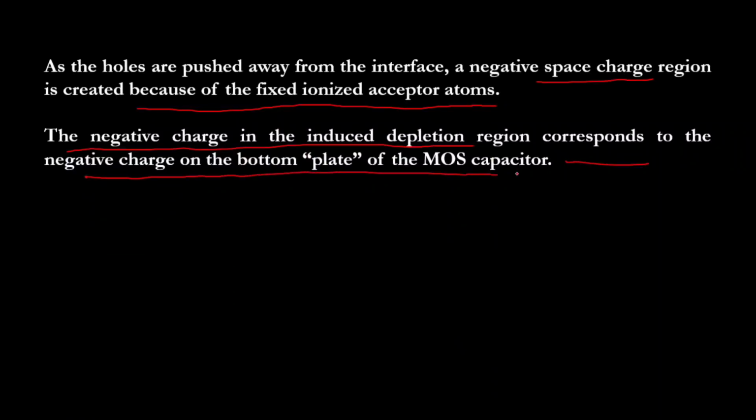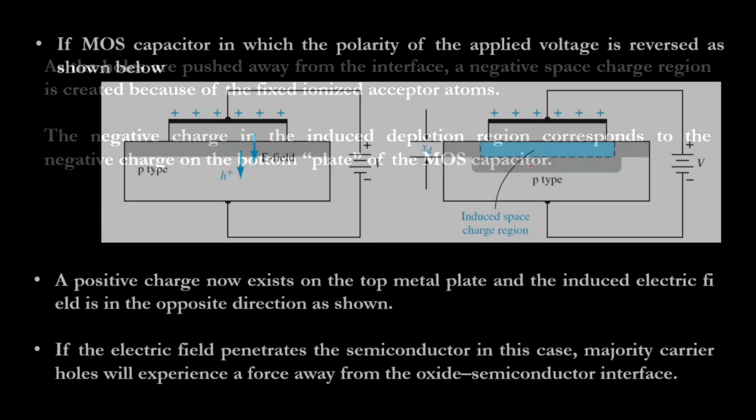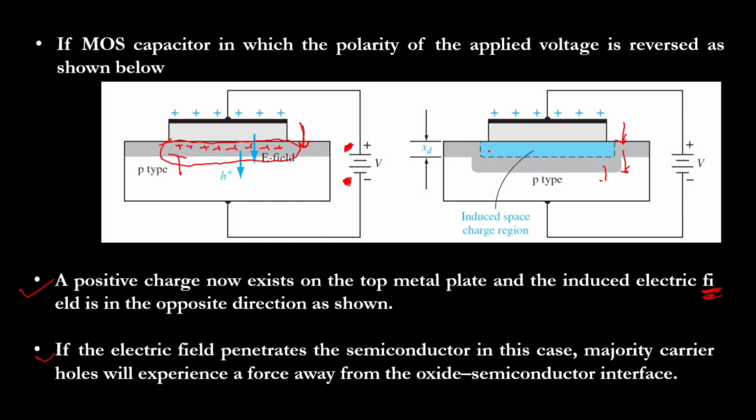What it says, basically, is that when we apply a positive voltage, the holes are depleted from the oxide and semiconductor junction. What is existing over here? This is doped, right? So negative ions are available here. It's not negative electrons, it's negative ions.